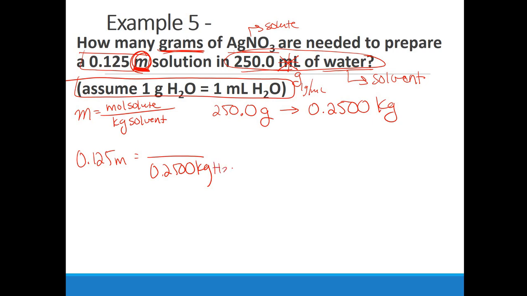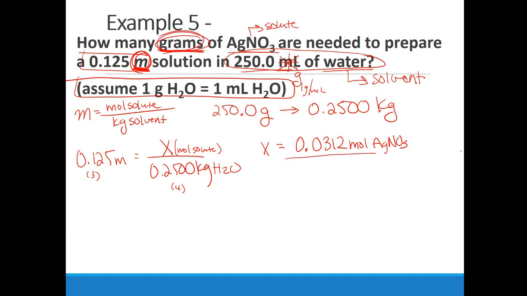And this is of our water, which means that our x is our moles of solute. So we look at sig figs, so we have 4, 3. So our answer is going to have 3. So that would give us moles of our solute, which is silver nitrate. Okay, that's still not correct because it's asking for grams.